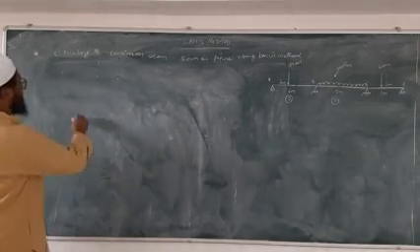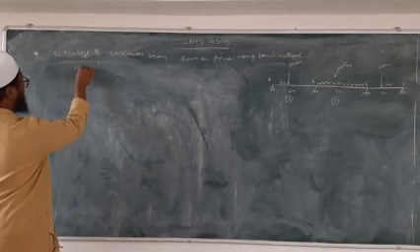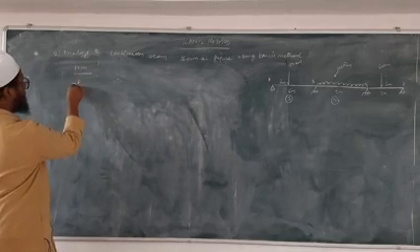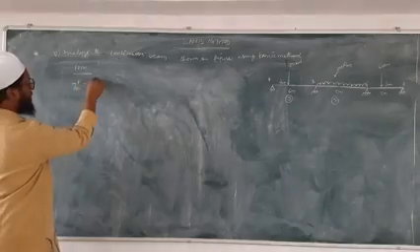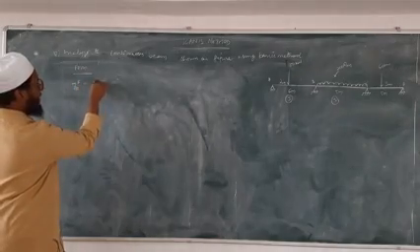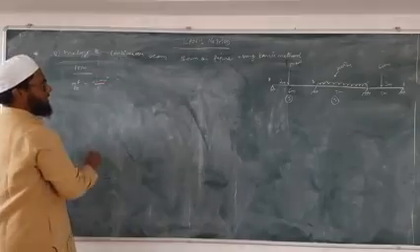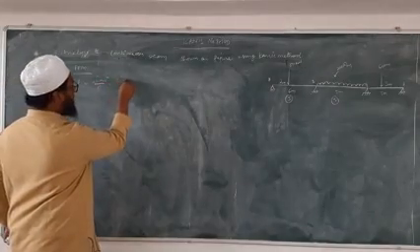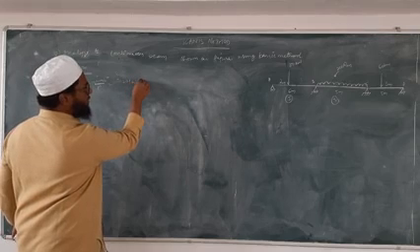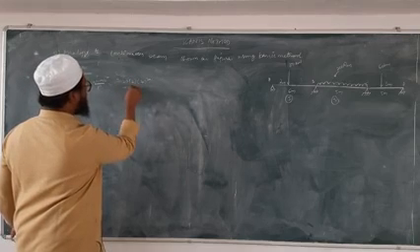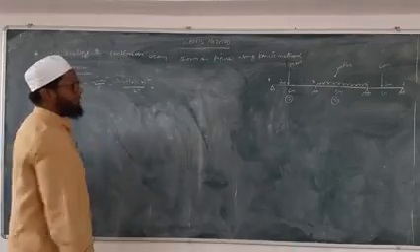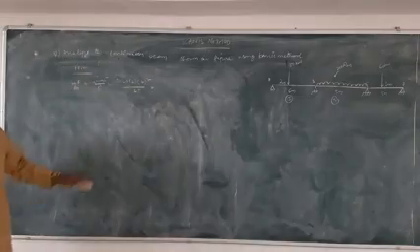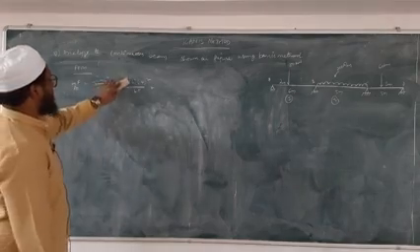Fixed end moments. MF AB is equal to minus W a b square by L square. Tell me the value. Minus 20 into 2 into 4 square divided by 6 square. Not 20, it is 80.